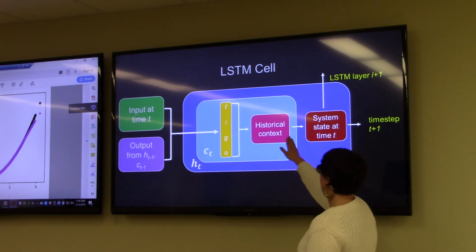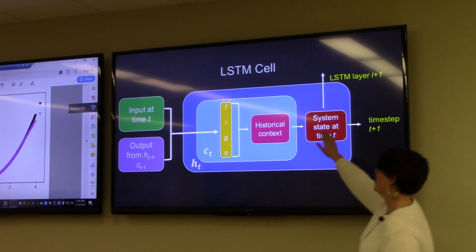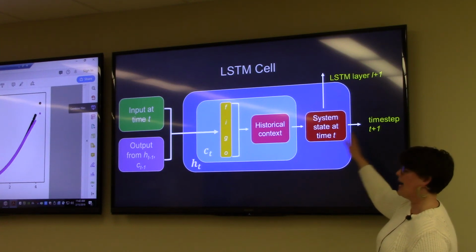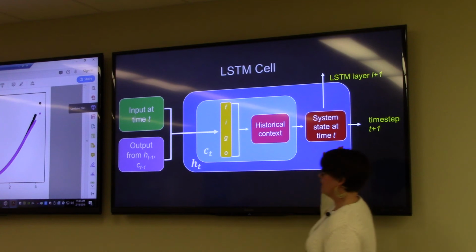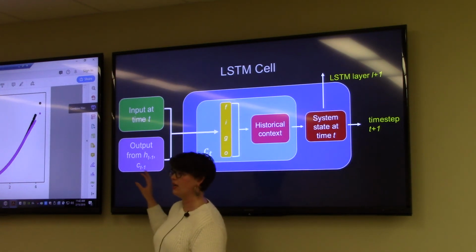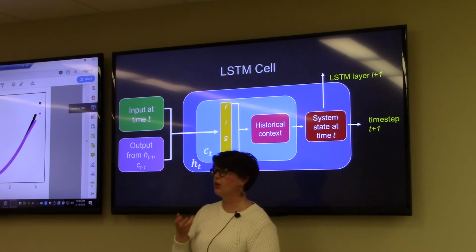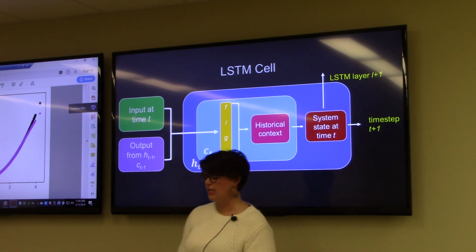We then use that historical context to inform the system state, or the latent state, at time t, and pass that on to the next time step and to the next layer. So this is a more complicated architecture that is able to leverage some of the important covariant trends that I have between particular dynamic parameters and my parameter of interest over time.